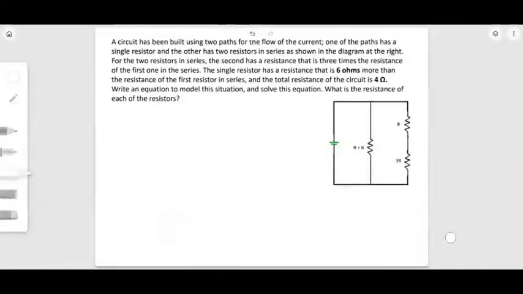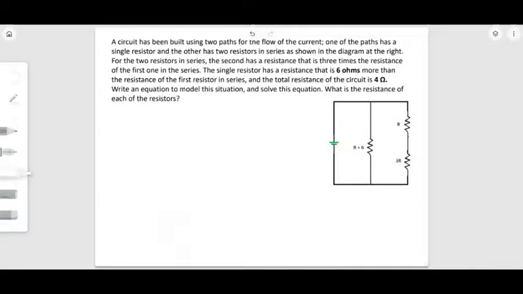A circuit has been built using two paths for the flow of the current. One of the paths has a single resistor and the other has two resistors in series, as shown in the diagram at the right. For the two resistors in series, the second has a resistance that is 3 times the resistance of the first one in the series.